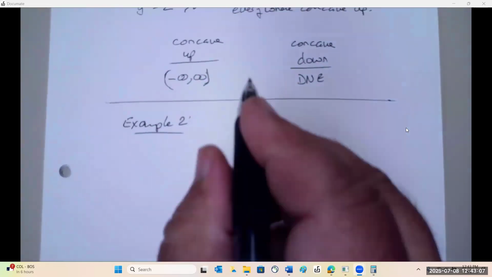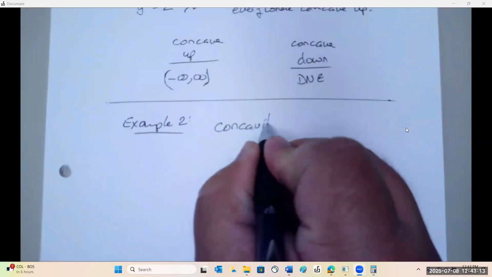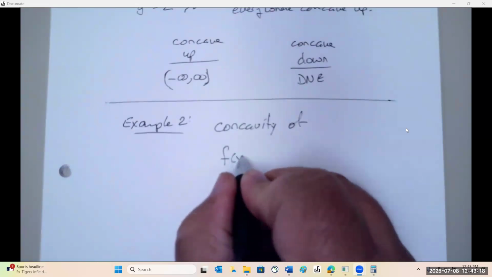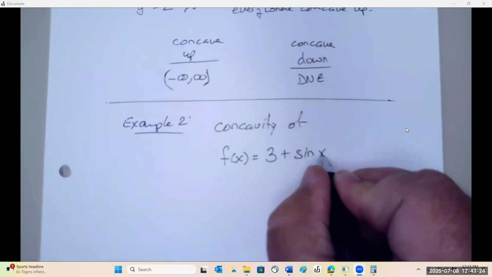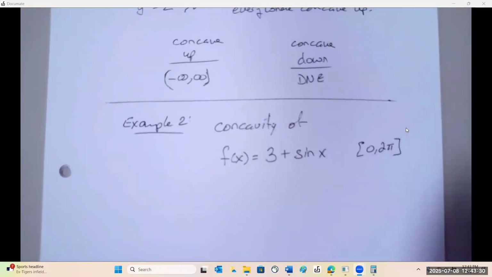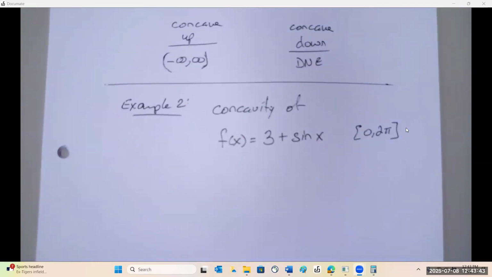Example 2. Determine the concavity of this function on the interval 0 to 2 pi. So what's the first thing you've got to do?